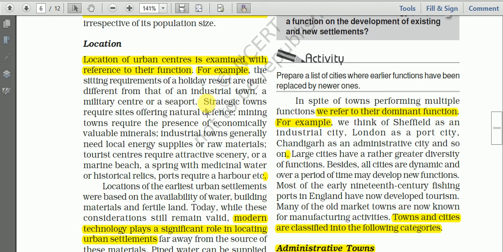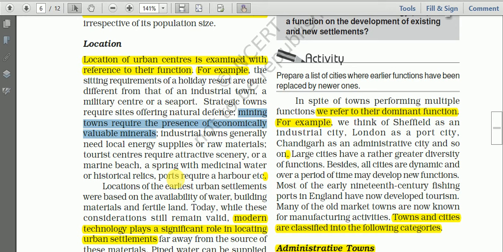And likewise, strategic towns require sites offering natural defense. Then mining towns require presence of economically valuable minerals. So in this way, location of these cities, or urban centers, is determined by their function.